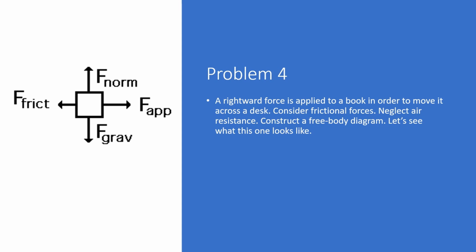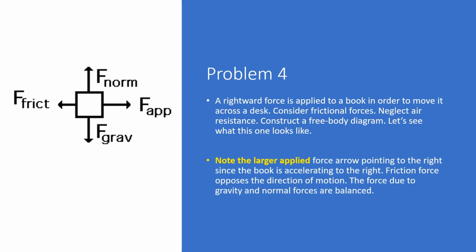This one kind of illustrates the big rule of free body diagrams, which is you need to show all the forces going on. So you want to show the gravity and the normal force, even if they're not necessarily relevant to your calculations. The other big piece that I like about problem 4 here is that we see the size difference between friction and the applied force.